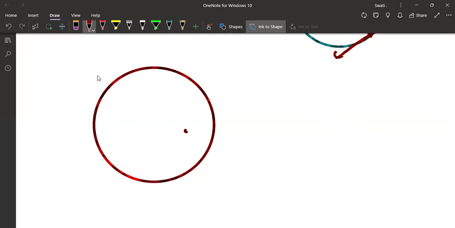Will you be able to draw a tangent? The answer is no. Suppose you have a point on the circle, that means on the circumference. Will you be able to draw a tangent? The answer is yes. How many? Only one.